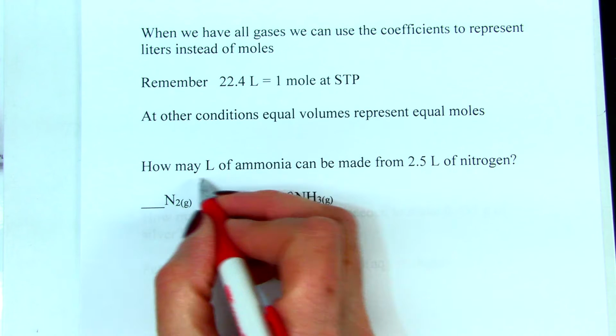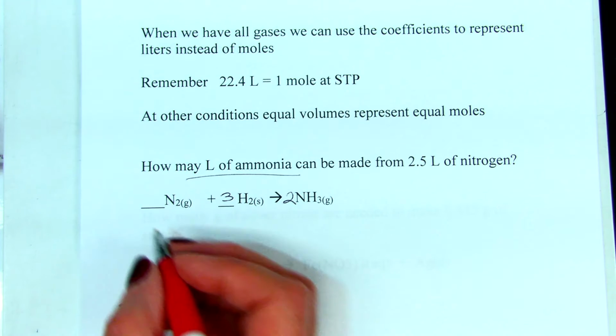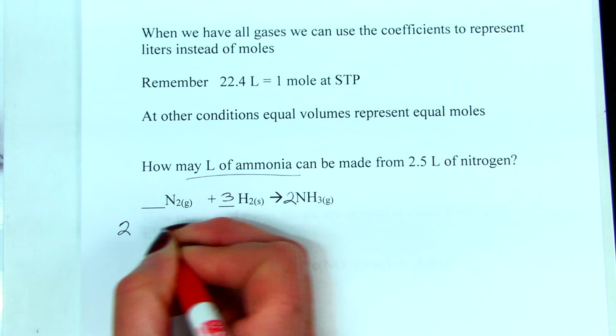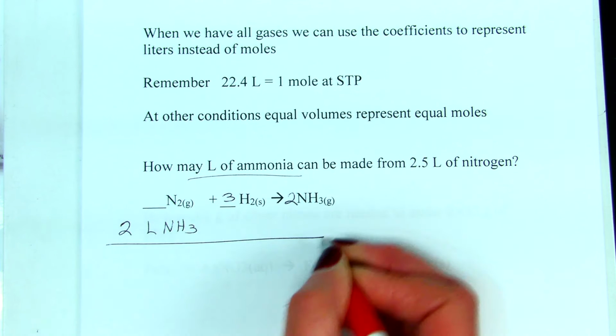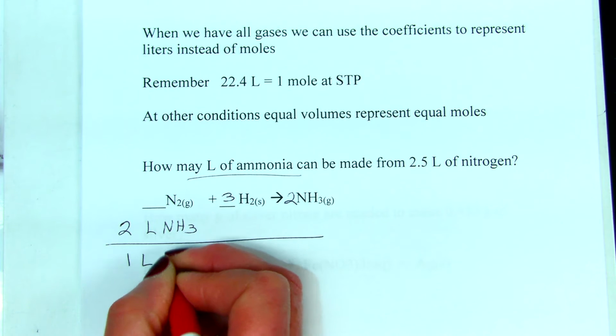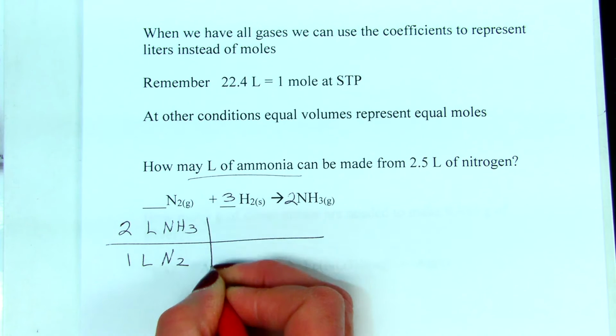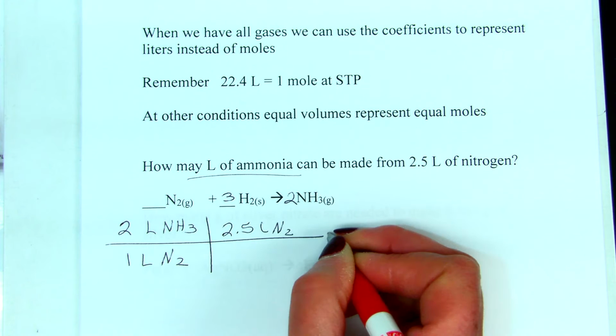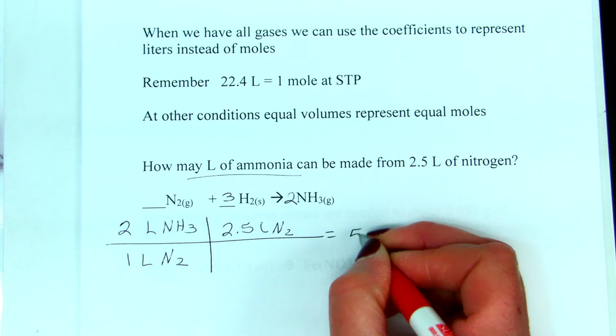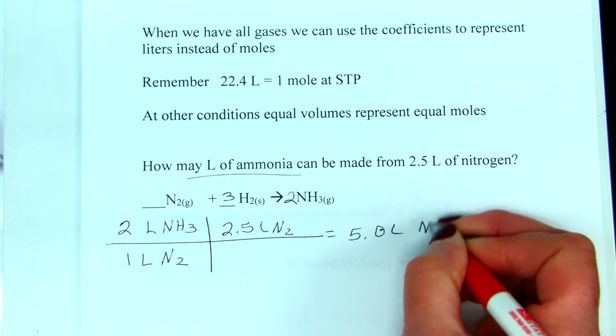Well, I want my answer in liters of ammonia. So I look at this and I say, well, 2 liters of ammonia needs 1 liter of nitrogen, and I have 2.5 liters of nitrogen, so I can make 5 liters of ammonia.